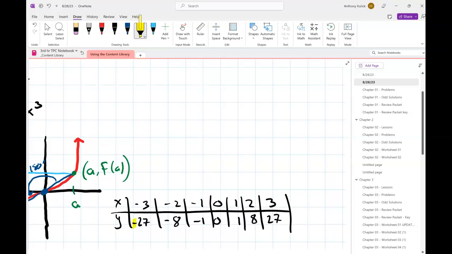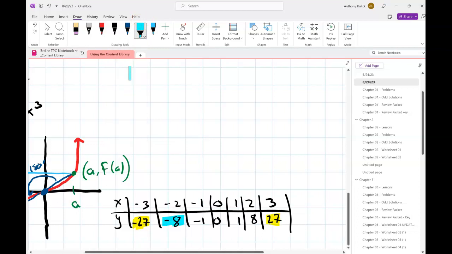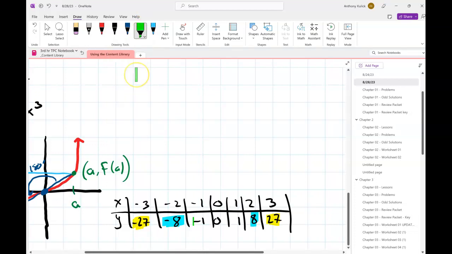So again, here we notice that for -3 and +3, the y-coordinates are opposites. For -2 and +2, again, the y-coordinates are opposites. And for -1 and +1, the y-coordinates are opposites.